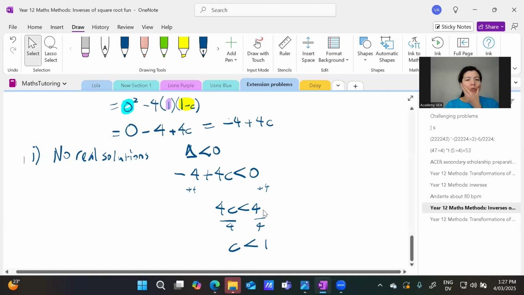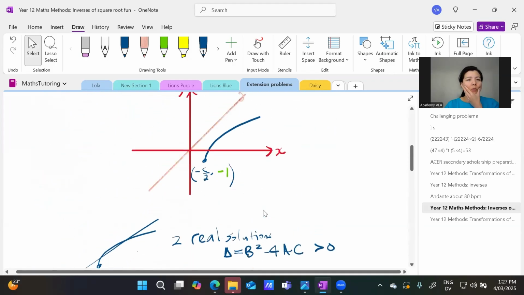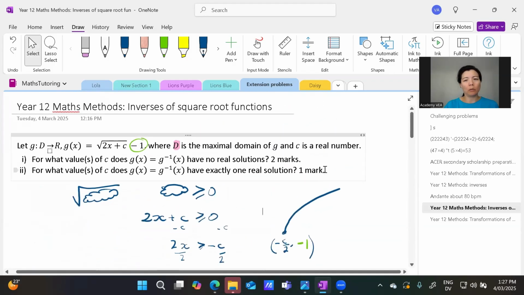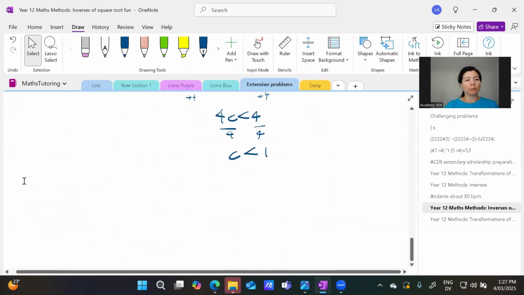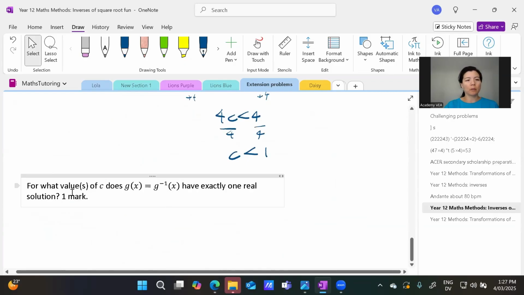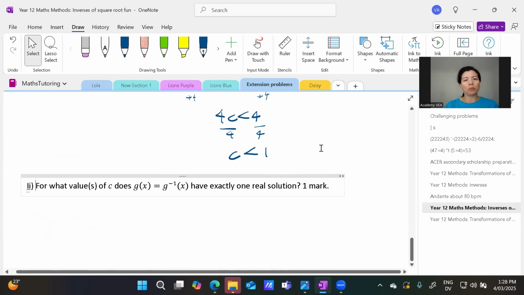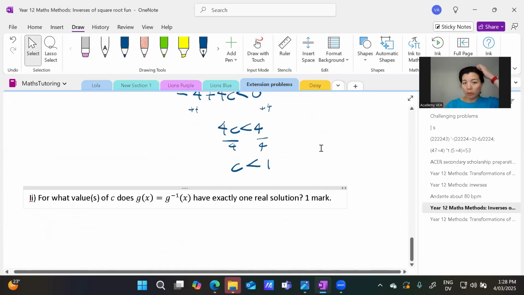If we now look at part 2, I'm going to just pick that up and start that again. For part 2, it's asking you for exactly one real solution. And part of the answer comes from taking the same approach as part 1, which is to use a discriminant.